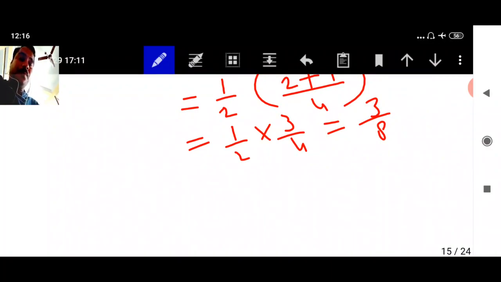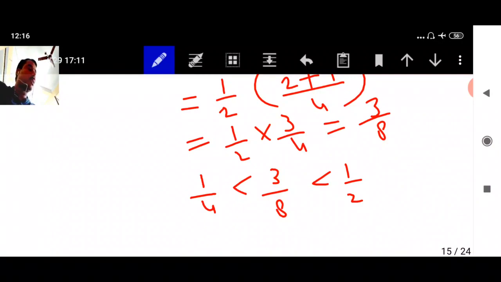This means 1 by 4 is less than 3 by 8, which is less than 1 by 2. Here is one rational number, 3 by 8. Now we will find more rational numbers by finding the mean.